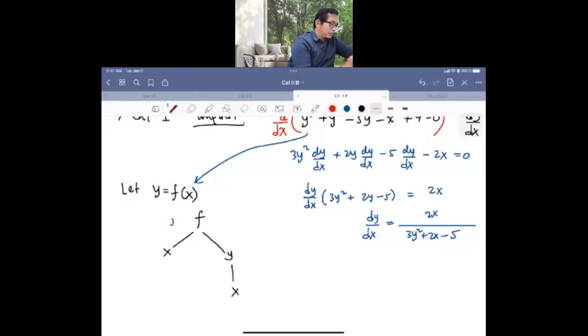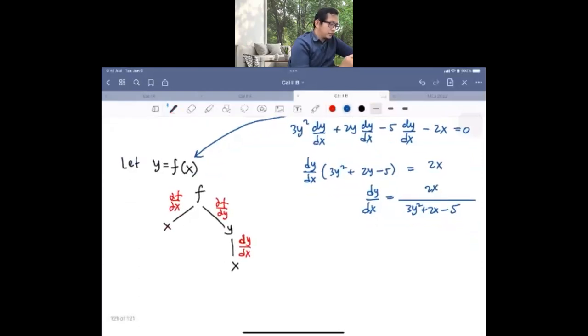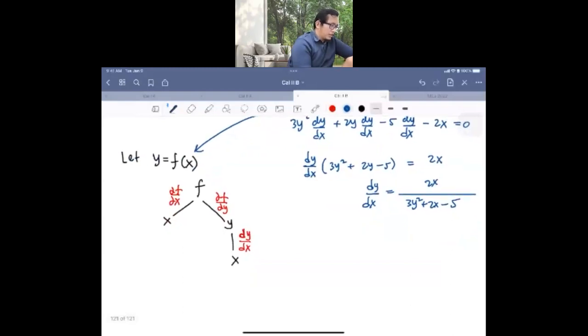So if we try to make our own chain rule, then this will be equal with plus.